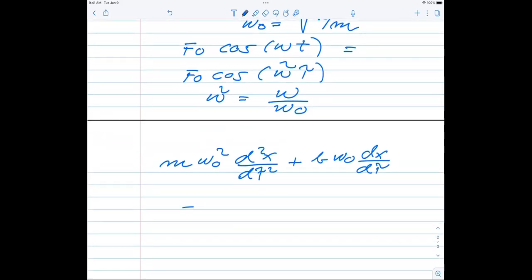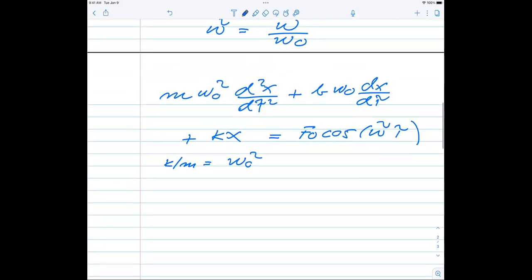And then we have this parameter here, which is plus k times x. And this is now, when we divide by m, given by this term omega 0 squared. And this is equal now to F0 times cosine of omega tilde times tau. And then we divide by m and omega 0 squared. And we know that k divided by m is equal to omega 0 squared.